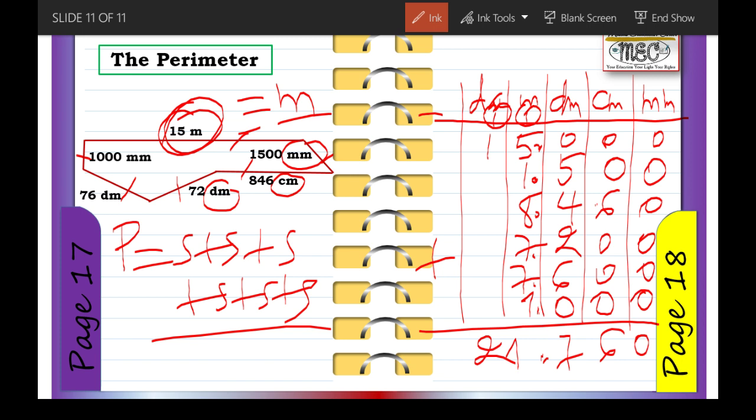Plus 8 is 15. Plus 7 is 22. Plus 7 is 29. Plus 1 is 30. Here you don't have to keep 1 only, you have to keep 2. That is why I told you that you must always repeat and check if your answer is correct.